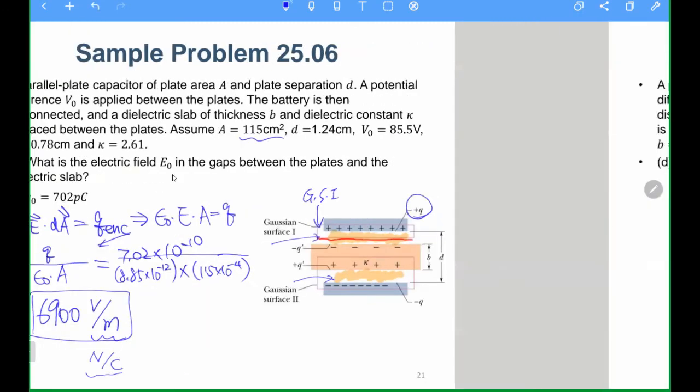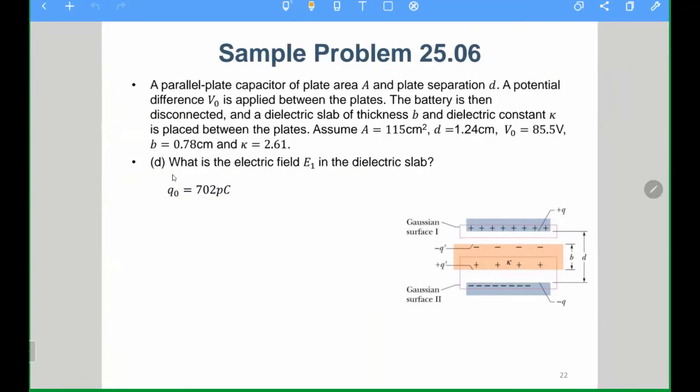And then here we consider E1 inside the dielectric slab. Just now this is E, and this will be E1. So here we apply Gauss's law for Gaussian surface 2. For this one, we only enclose the negative charge.